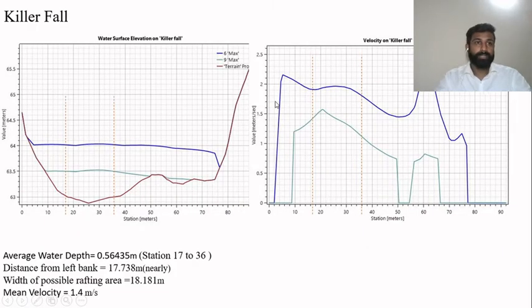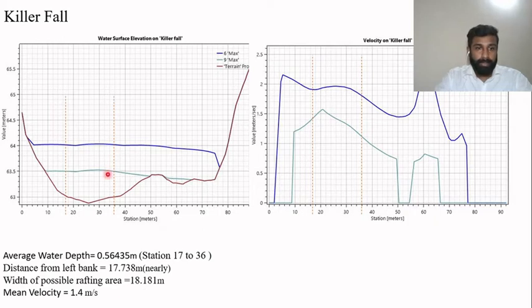When it comes to the result for Killer Fall rapid, you can see in the dark blue line the water level before the dam is commissioned, and the light blue line is the water level after the dam is commissioned. According to the literature, the water depth should be 0.5 to 1 meter to have a good rafting experience.